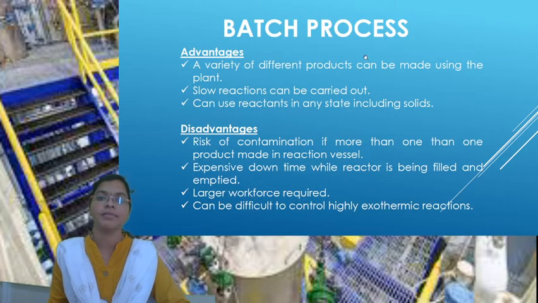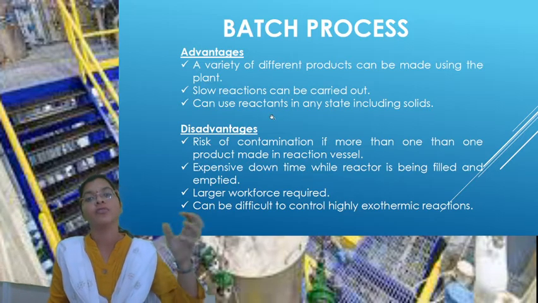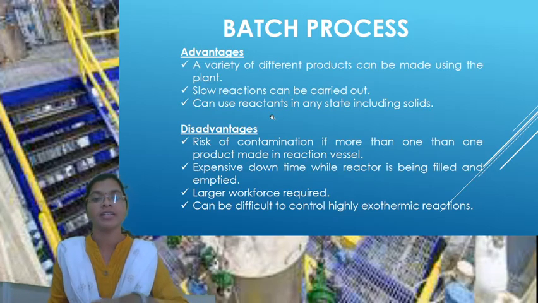Here the main advantage of the batch process is that a variety of different products can be made using the plant. So we can generate different products by using this batch process. Slow reactions can also be carried out here. First we need to fill the materials, after that every process will be done, and after that it will generate the output.